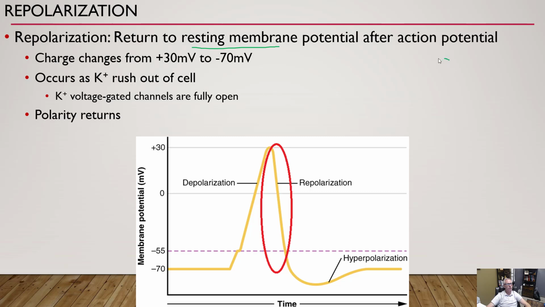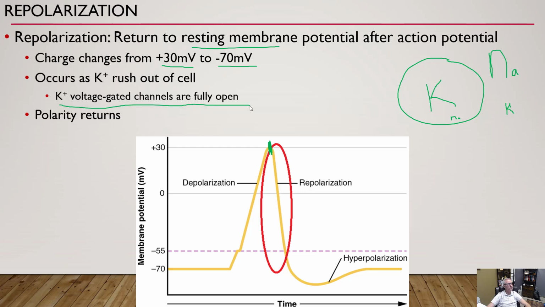If we go back to our cell, we have a higher concentration of sodium on the outside versus inside. We have a higher concentration of potassium on the inside versus the outside. So basically, we're going to go from positive 30 back down to negative 70. And remember here, at the peak, we've closed off our sodium voltage-gated channels, and we've opened up our potassium voltage-gated channels.